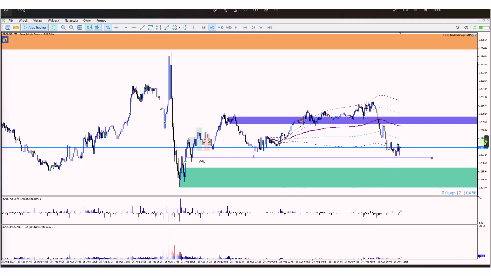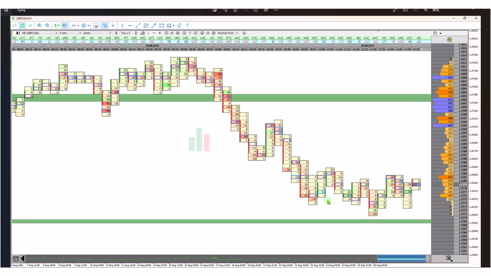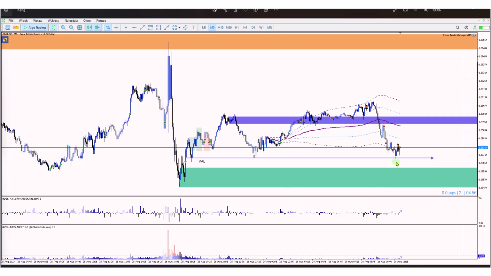And what is not cheating us? The footprint, because these are the same data, and I'm just watching if the price tapped the level or not. So I don't need to be focused on the wicks here, because wicks can be different, the candles, gaps, everything can be different by each broker.